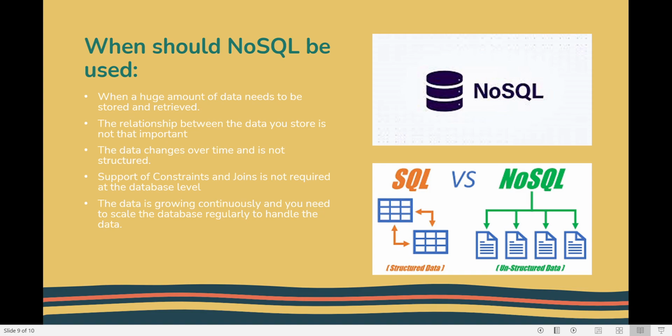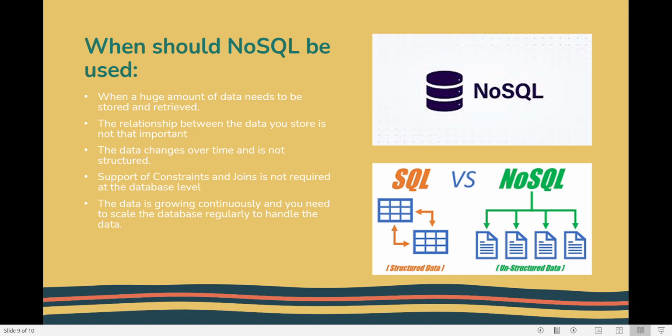Joins are basically what we perform when we are combining two tables, then we need to perform a join operation. In SQL, we have learned about it, so here it also means the same.